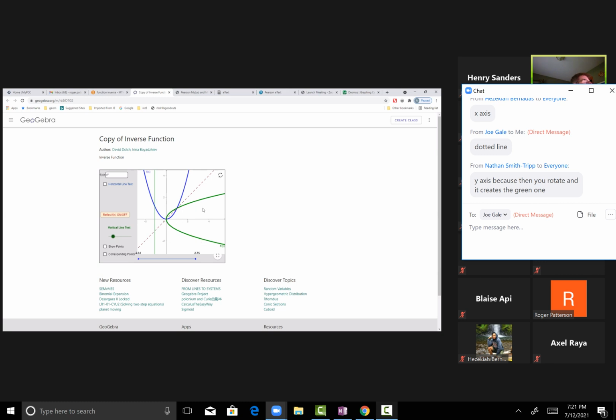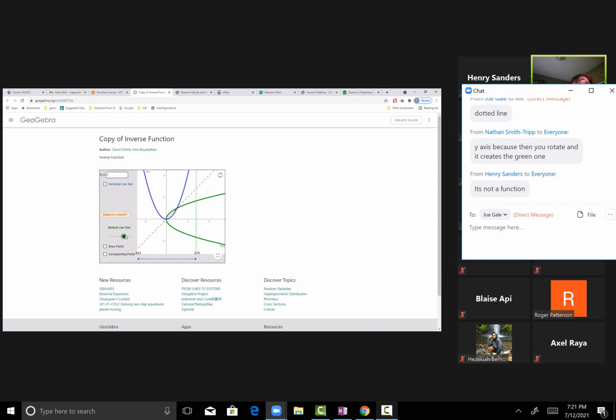The green is the reflection over this line, but it's also the inverse. However, if I take this vertical line and I slide it along there, what can you tell me about the green graph? That it's not a function. Yep, the green one is not a function.